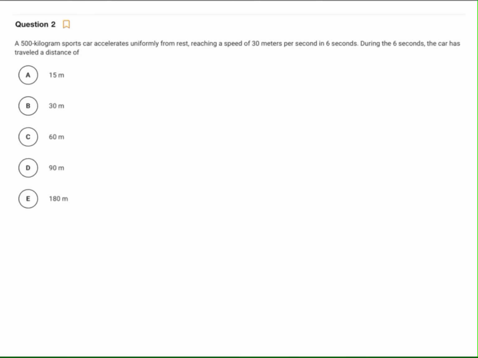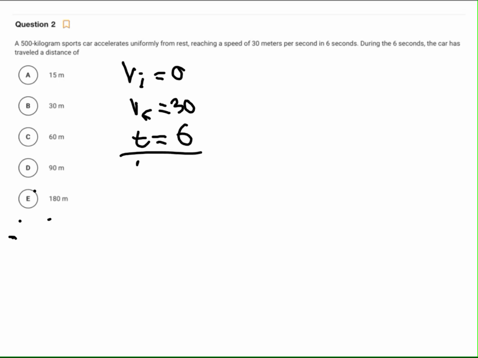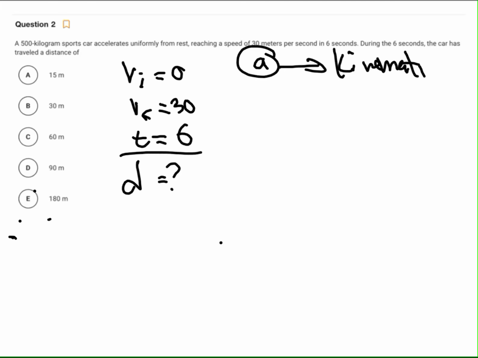Okay, next. 2 different ways of doing this one. It starts at 0. It goes to 30 in a time of 6. Question is, what is d? Well, we can find a and then do kinematics, which is a perfectly acceptable way of doing this.